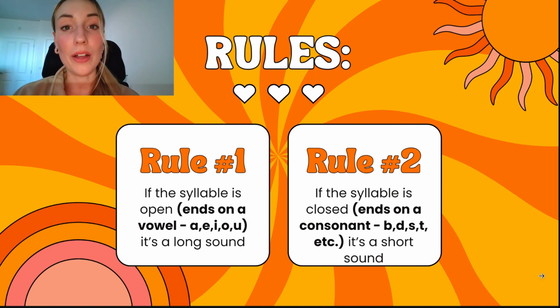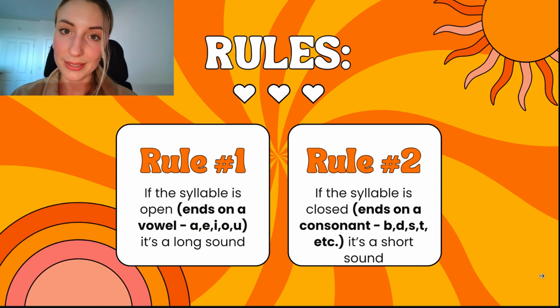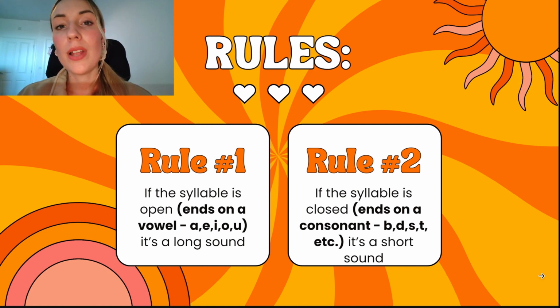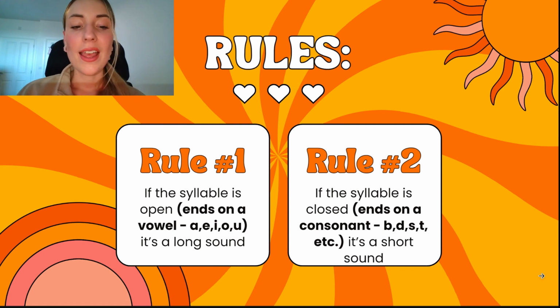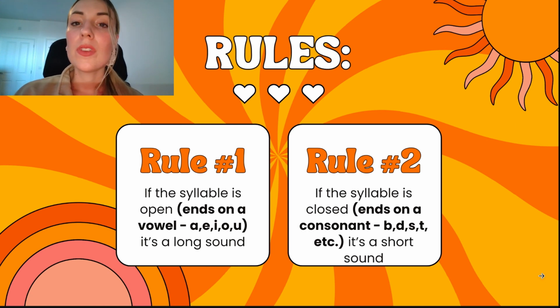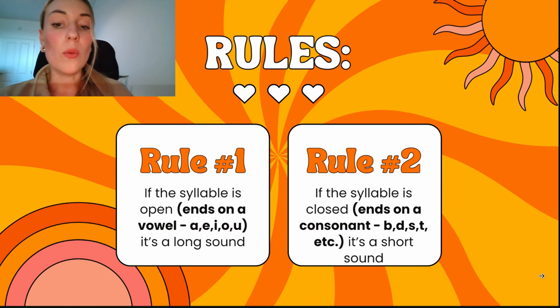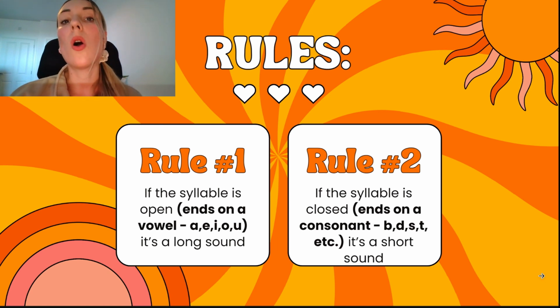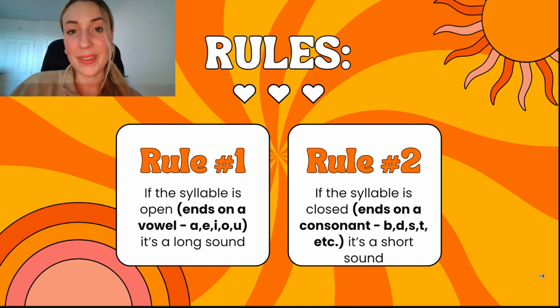So here are the rules to hopefully make it easier for you. Rule number 1, if the syllable is open, if it ends on a vowel like A, E, I, O, or U, then it is a long sound. Whereas rule number 2 tells us if the syllable is closed, it ends on a consonant. That could be your B's, your D's, your S's, your T's, and the rest of the alphabet that are consonants. It is a short sound.